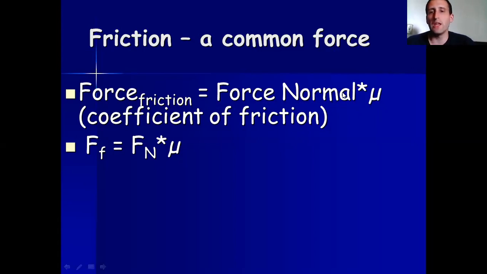If I'm dragging a mouse across the ice, it's going to be easier, right? That's where the normal force part comes in. But people go, well, why the normal force? Why not the gravity force? Well, this is because when you drag something across a surface, sometimes there's something holding it up, right? And if there's something holding it up, then it's not being pressed into the ground quite as much.